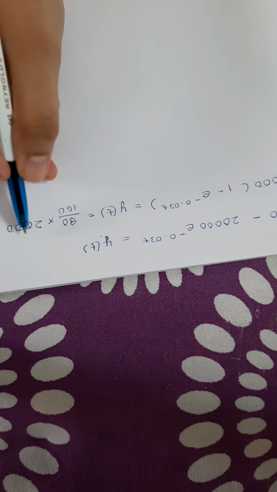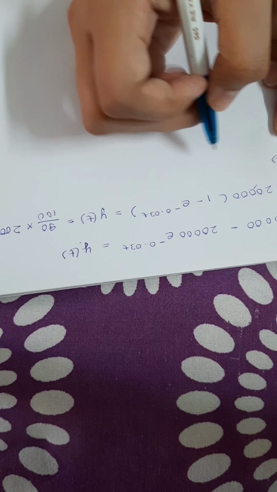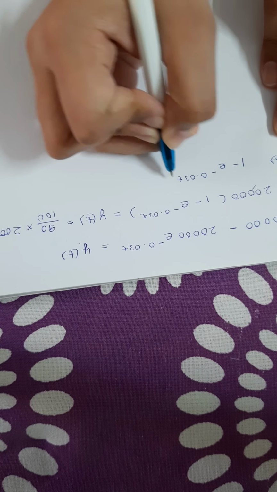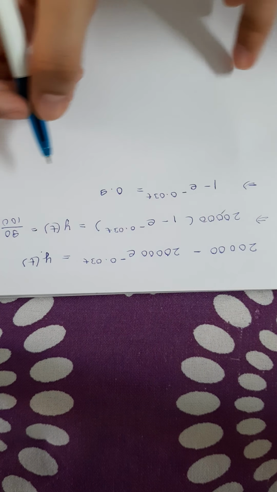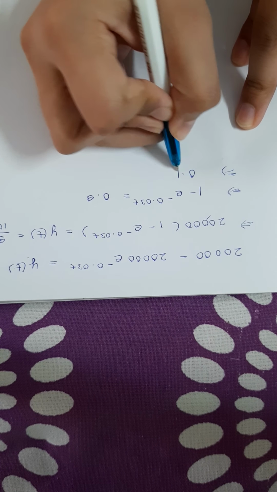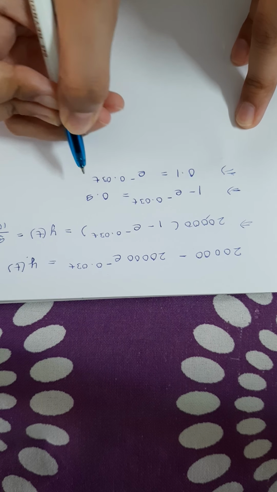So I can just cancel this 20,000 here and 20,000 here, which implies 1 minus e power minus 0.03t is equal to 0.9. 90 by 100 is 0.9. So let's just shift this around a little bit. 1 minus 0.9 is 0.1, which is equal to e power minus 0.03t.